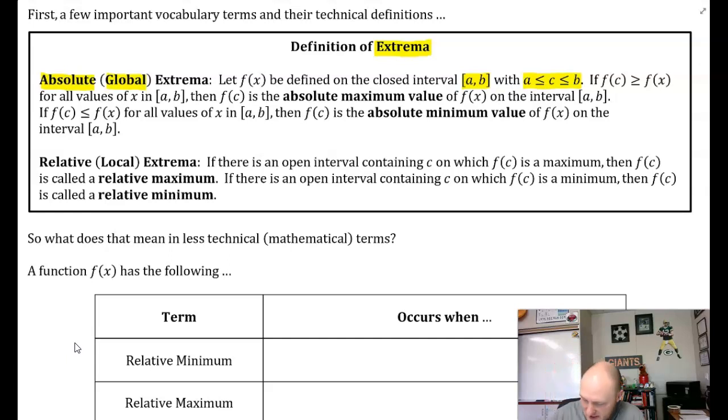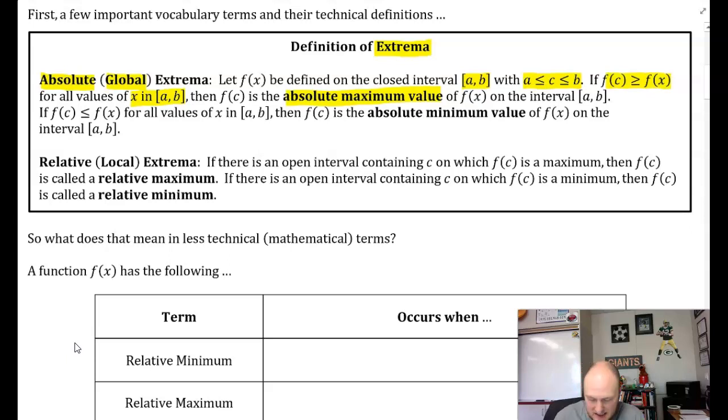If f of c is greater than or equal to f of x for all values of x in a to b, then f of c is the absolute maximum value of f of x on that interval.